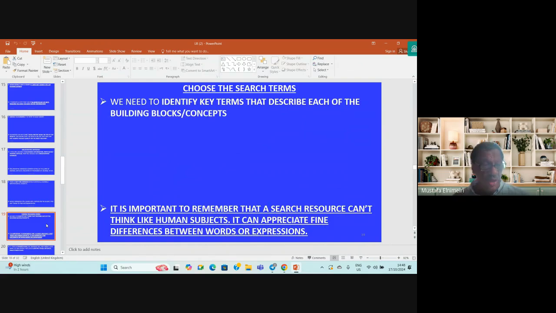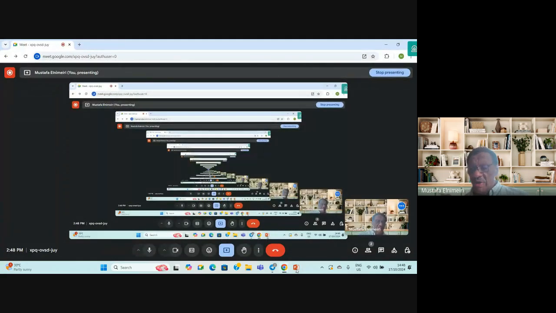Then we have to come to select the search terms. We need to identify the key terms that describe each of the building blocks or your concepts. It's important to remember that the search engine cannot think like human beings and cannot differentiate fine differences between words, for example, the spelling of a certain word.